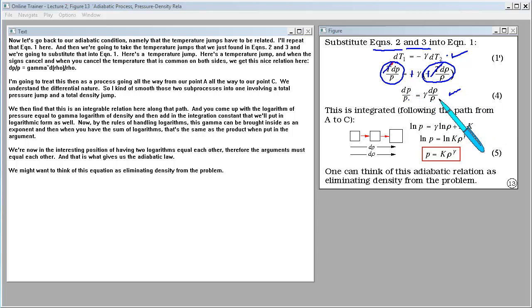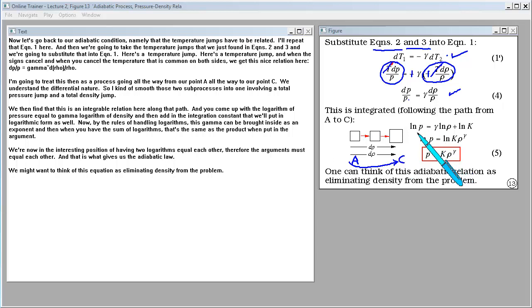I'm going to treat this as a process going from our point A all the way to our point C, in which we understand the differential nature. So I'll smooth those two sub-processes into one, involving a total pressure jump and a total density jump.